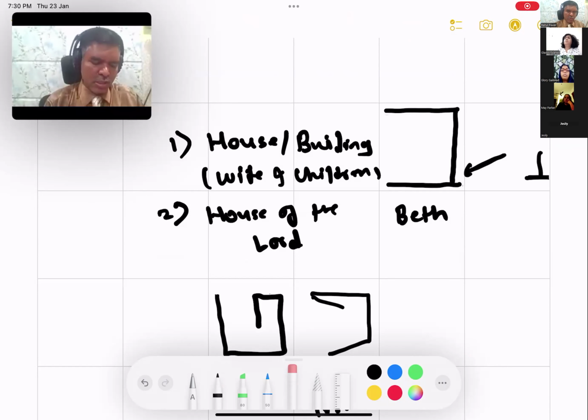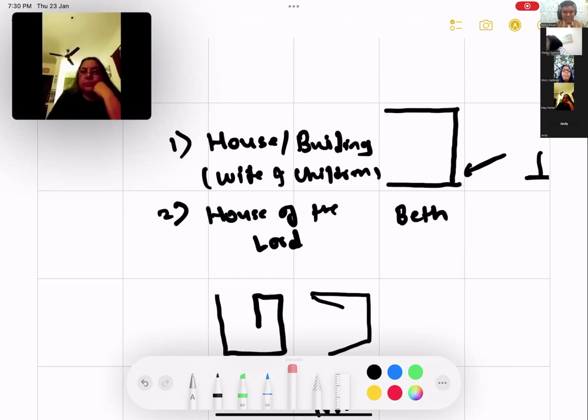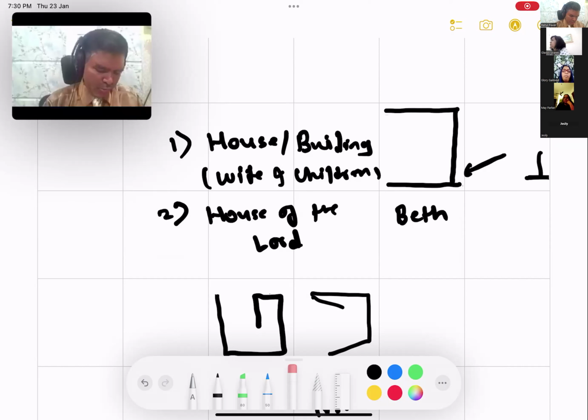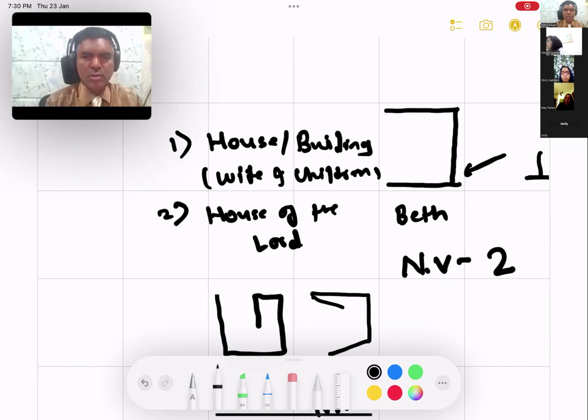Okay, so can you observe this ledge here at the corner? Yes, a little portion that came out. So this is called Beth. Now the numeric value, or the gematria, of this Beth is 2.